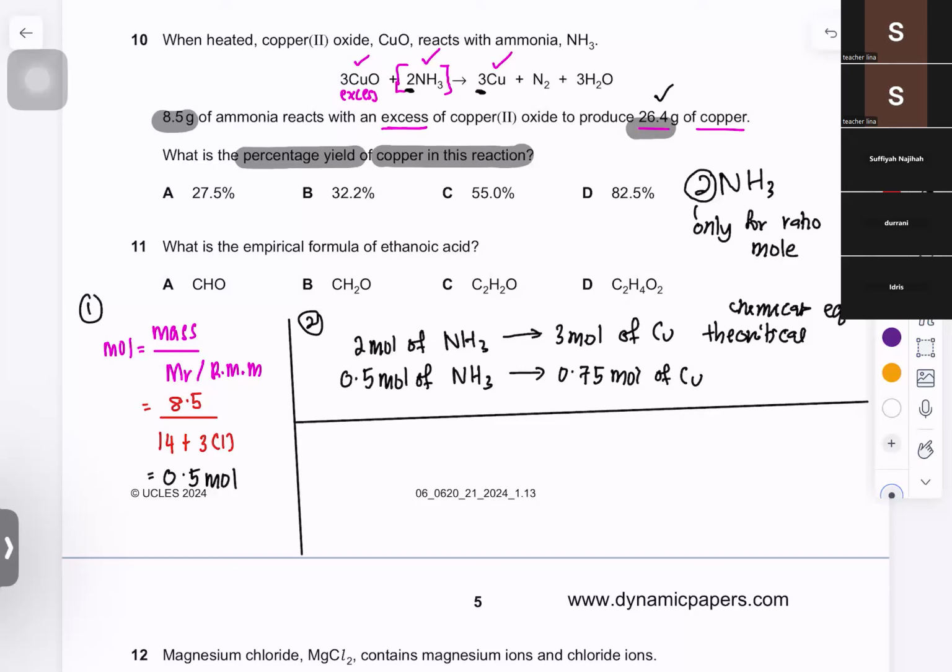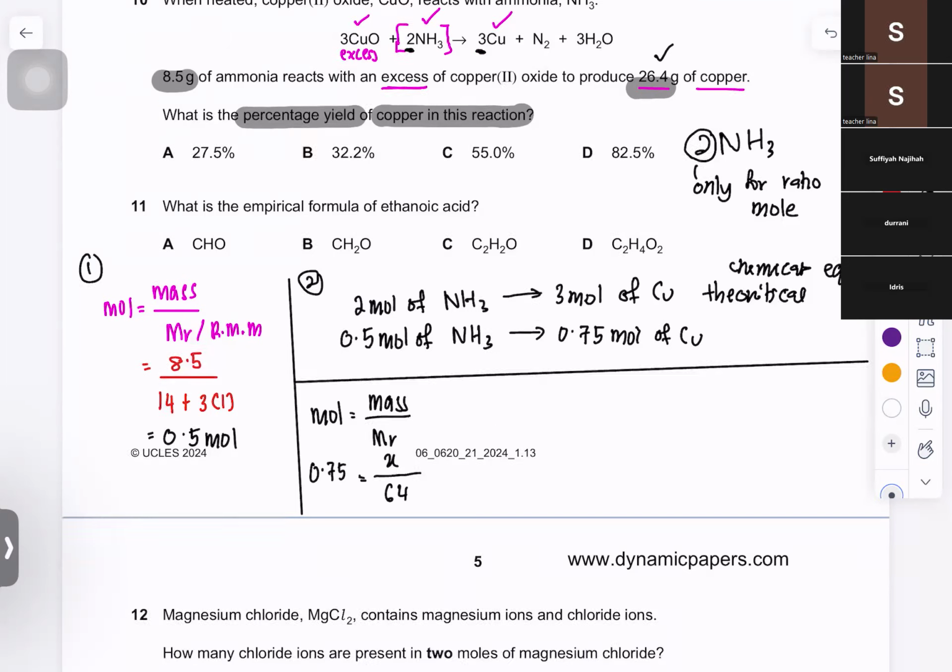So you change to mass, still using mole equals mass over MR. Mole is 0.75, mass is unknown, X, and MR for copper is 64. 64 or 65?